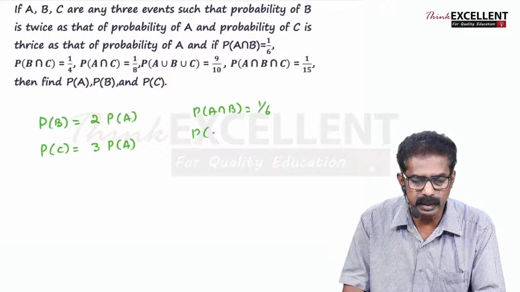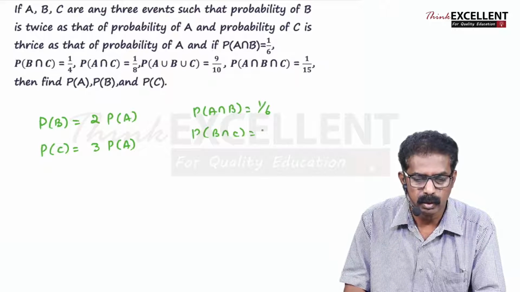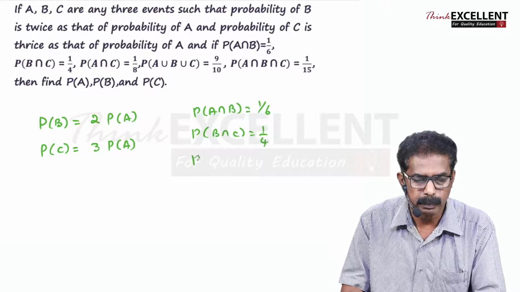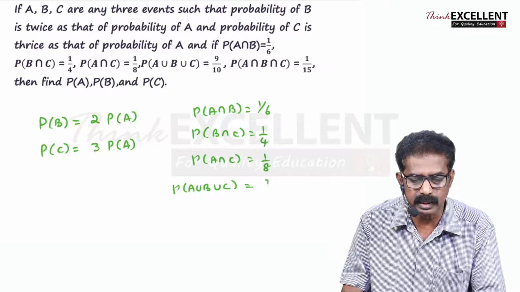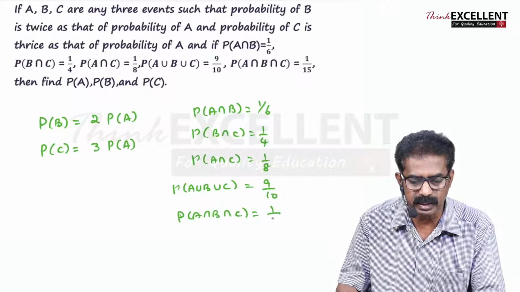P of B intersection C is 1 by 4. P of A intersection C is 1 by 8. P of A union B union C is 9 by 10. P of A intersection B intersection C is equal to 1 by 15.